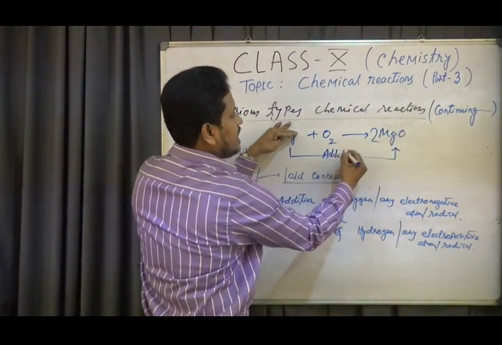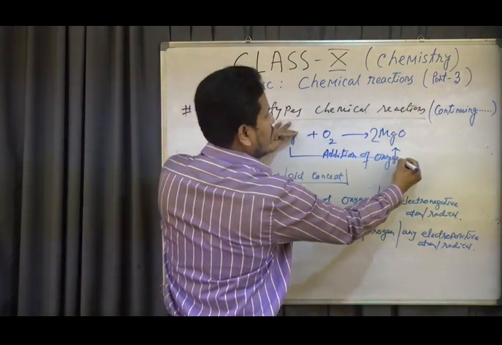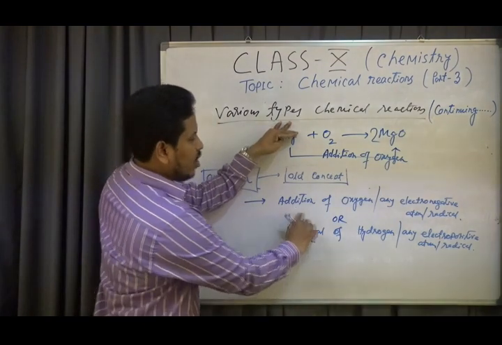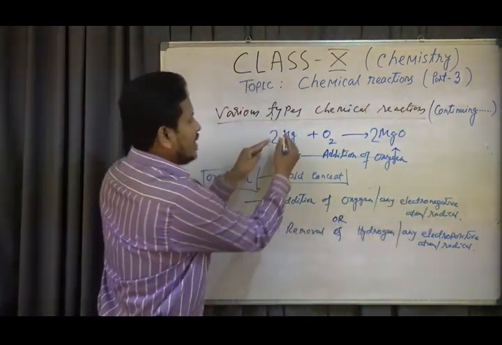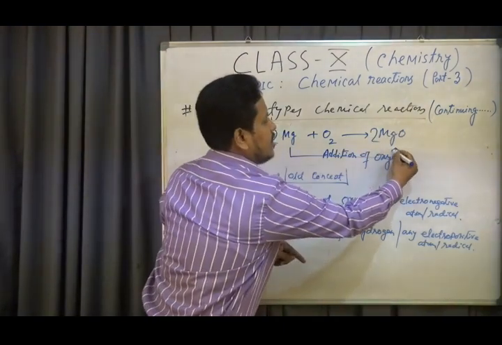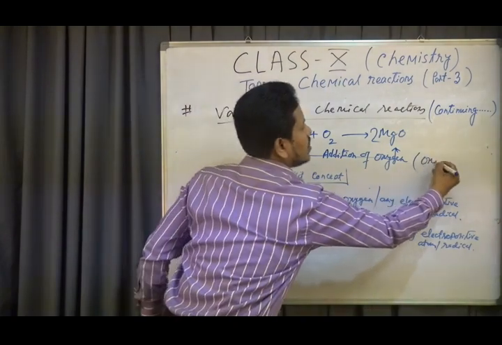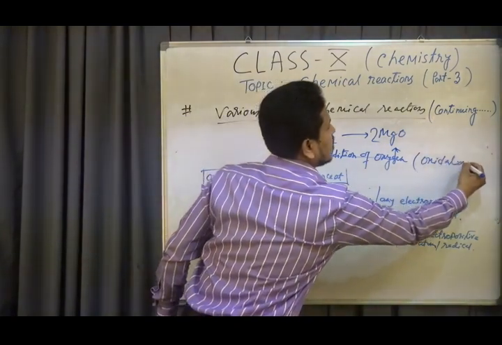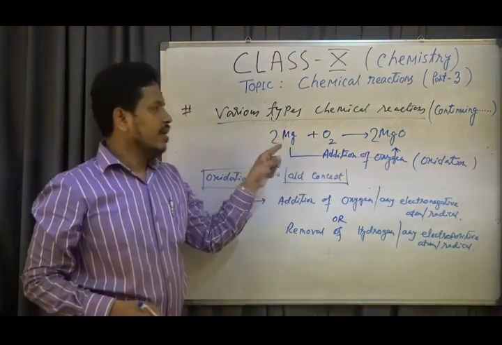Write down, addition of oxygen. Addition of oxygen, an electronegative element, or any electronegative is oxidation. So this process, magnesium to magnesium oxide, is an oxidation reaction by the old concept.